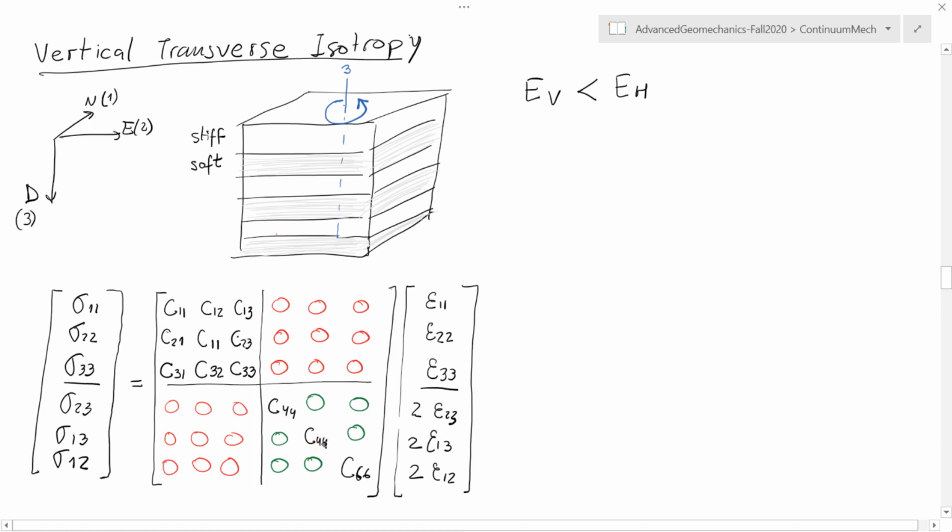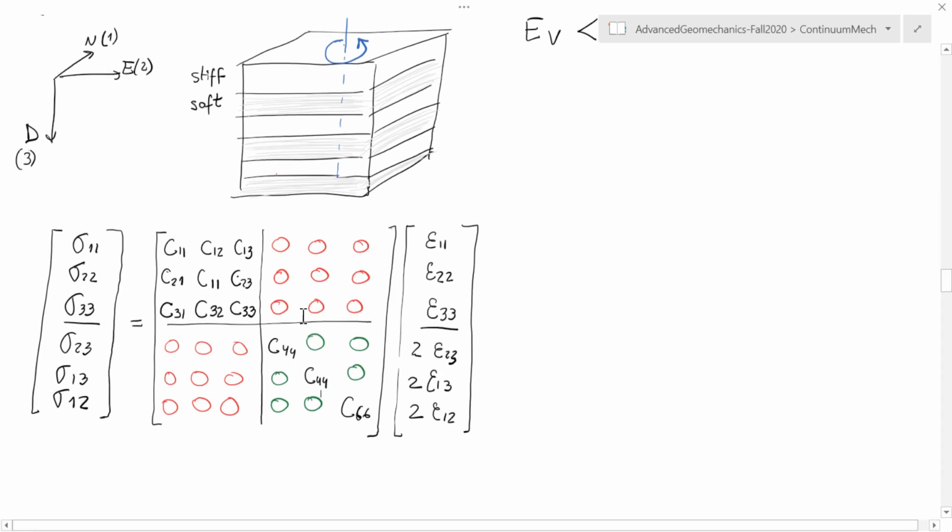Because of that, we have fewer independent coefficients, and let's just count those. C11, that's 1, C33, C12, C13, C23, and C44, and C66.